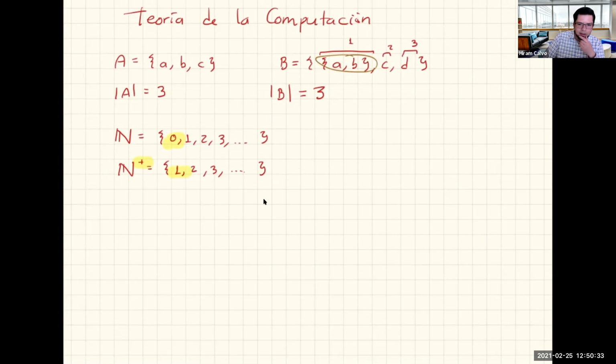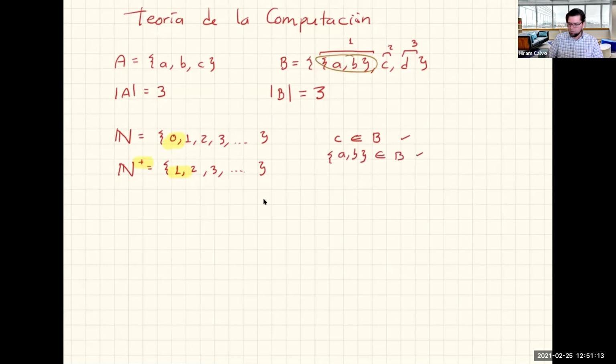Okay, so if we want to check if an element belongs or not to a set, then we can ask, does C belong to B? And we can say, yes, C belongs to B. With the symbol we have here. C es un elemento, C pertenece a B. And also we can say a composite or a subset like A, B is an element of B as well.